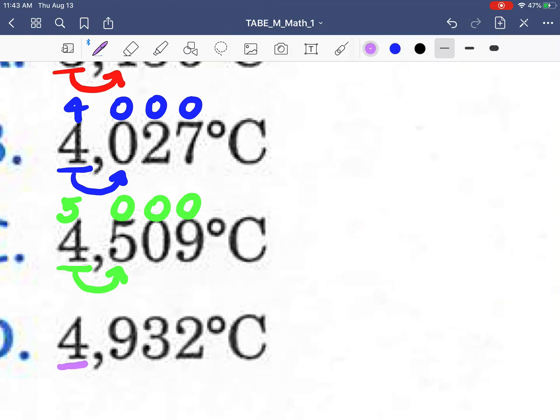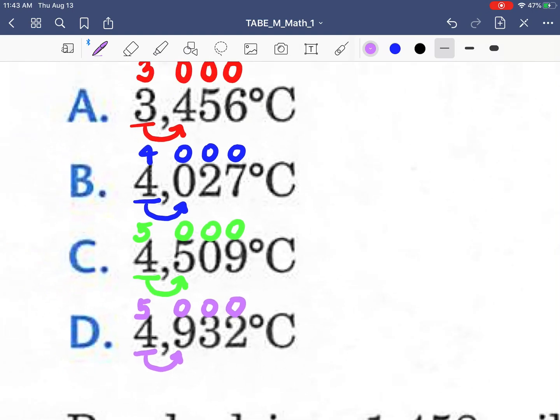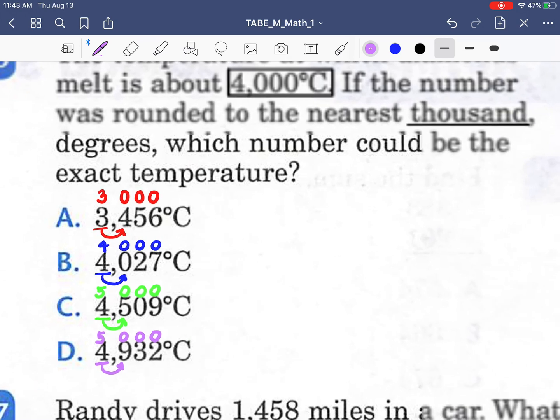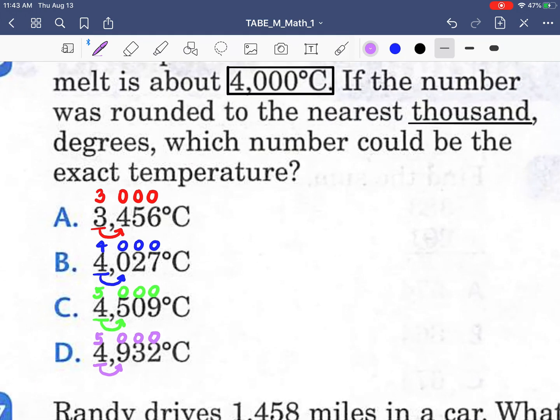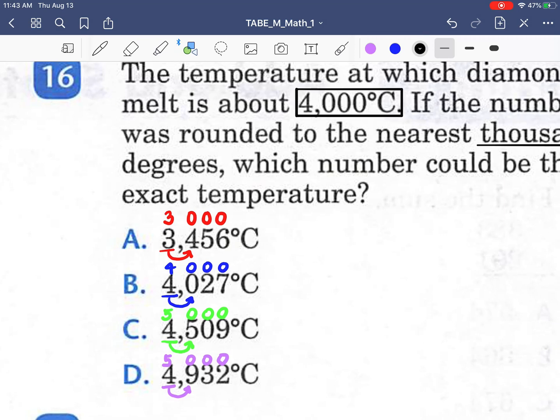Point of reference. Neighbor says you round up. Then you go to your point of comparison, which is 4,000 degrees. So the answer to number 16 is B, 4,000 degrees.